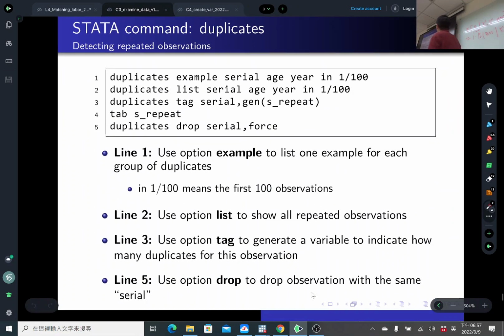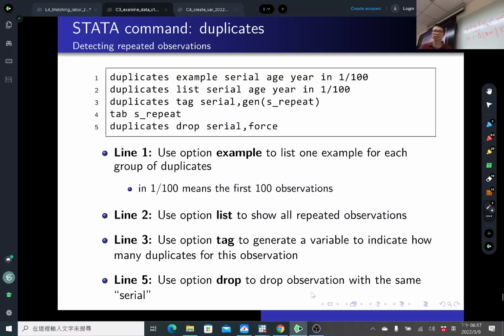Finally, I'll give you several options you can use, like duplicate example. They will give some examples of duplications, and a list of the sample for these duplications.